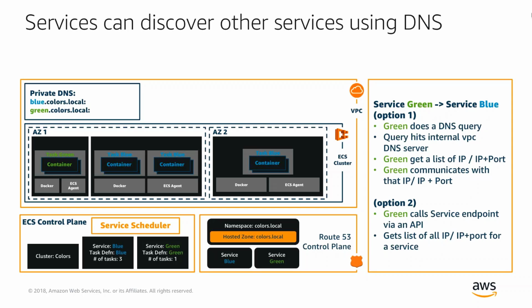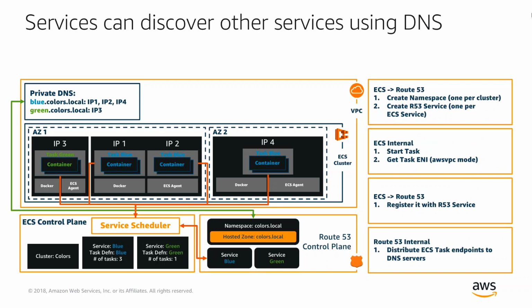And so what that allows us to do, if we're using the same lifecycle of the service discovery, optionally enabled as part of the ECS service, is ECS will, as it places something into a EC2 instance in one of your availability zones, it'll communicate with Route 53 to create a namespace for that service.